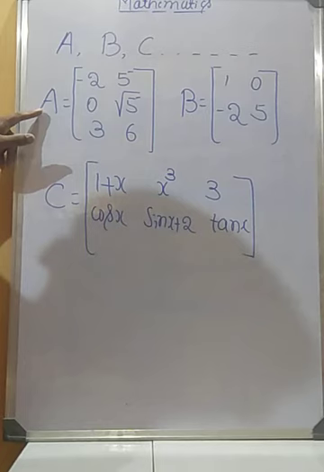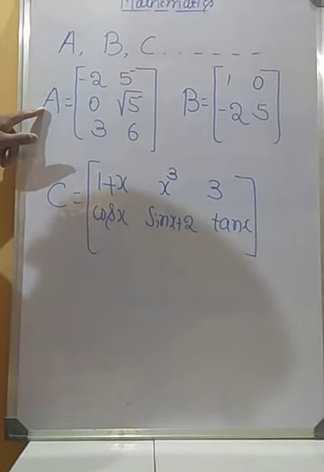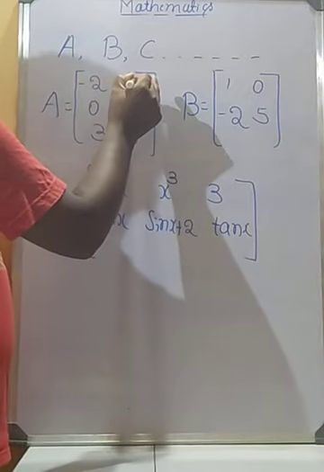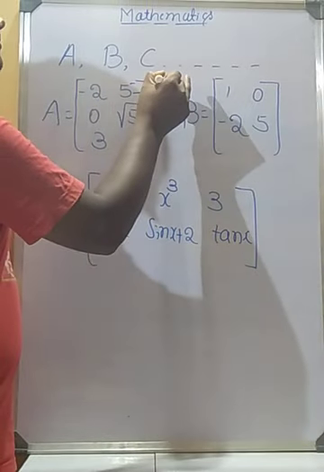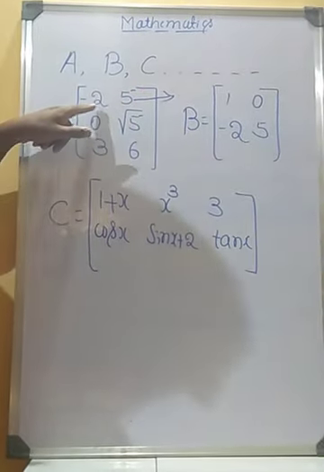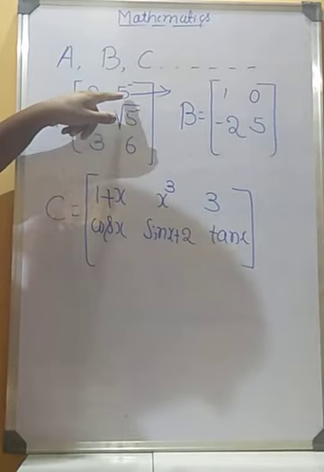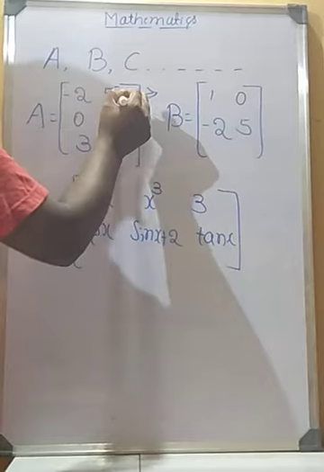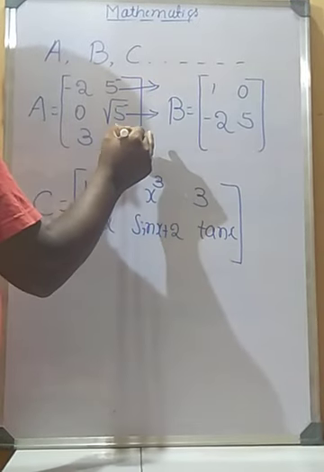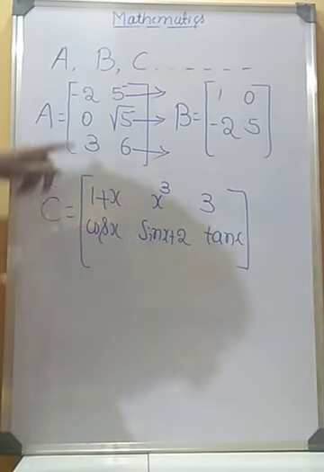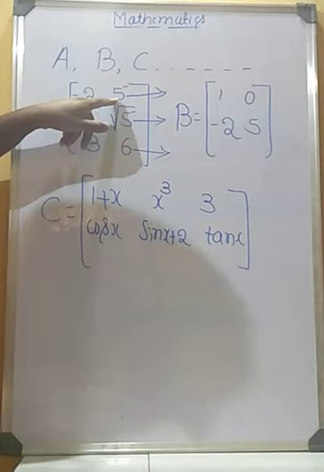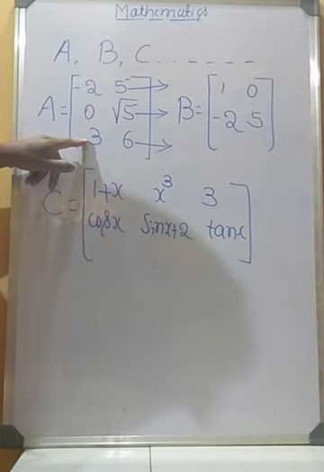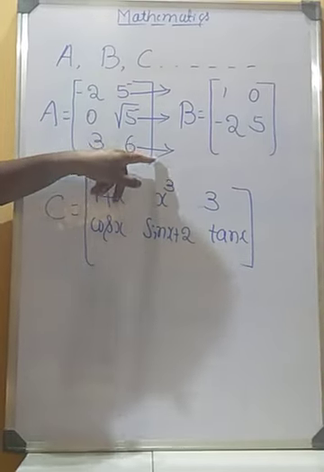In these matrices, the horizontal lines of elements of matrix A are called the rows of the matrix. In matrix A, there are 3 rows. -2, 5 is the first row, 0, √5 is the second row, 3, 6 is the third row.